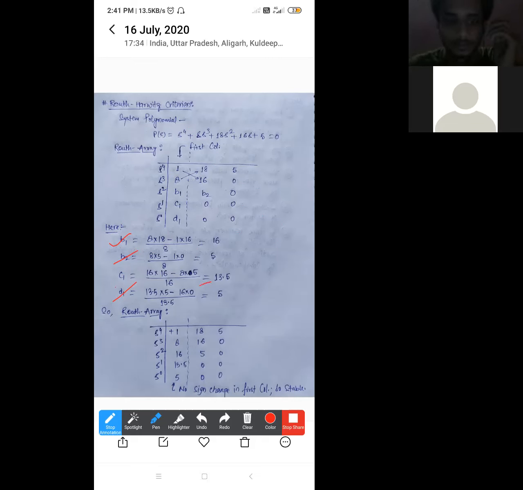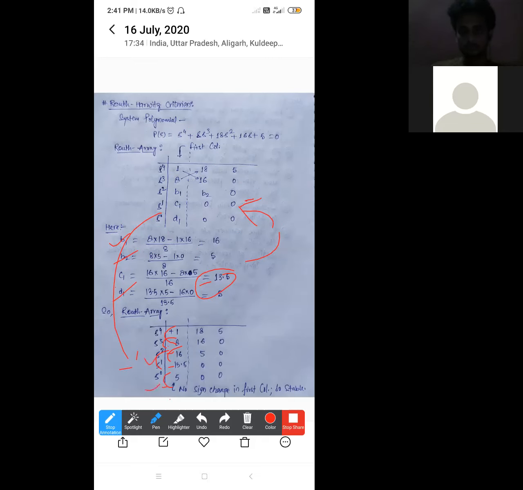Just hold one second. If I put this minus 13.5 in the Routh-Hurwitz array, it will look like minus 13.5. Now check the number of sign changes. Plus 1 to plus 8, no sign change, but plus 16 to minus 13.5, one sign change, and from minus 13.5 to 5, another sign change.